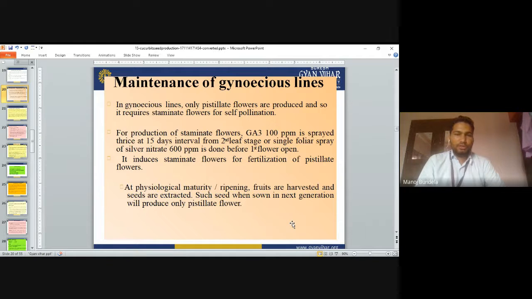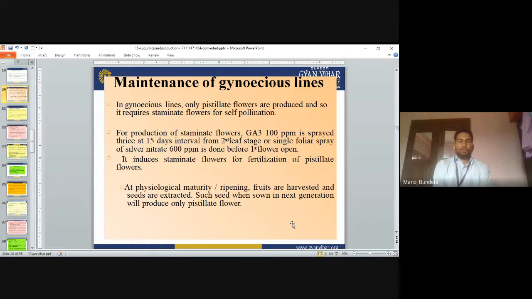For production of staminate flowers, GA3 at 100 ppm is sprayed at 15 days interval from the second leaf stage, or a single foliar spray of silver nitrate at 600 ppm is done as the first flowers open.